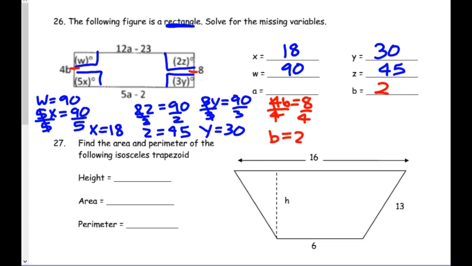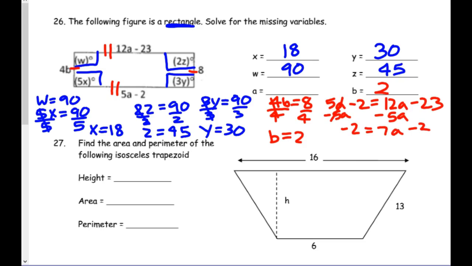Okay. This one will be a little harder. These opposite sides are equal. So 5a minus 2 equals 12a minus 23. I need to get rid of my smaller a, so minus 5a, minus 5a gives me negative 2 equals 7a minus 23.